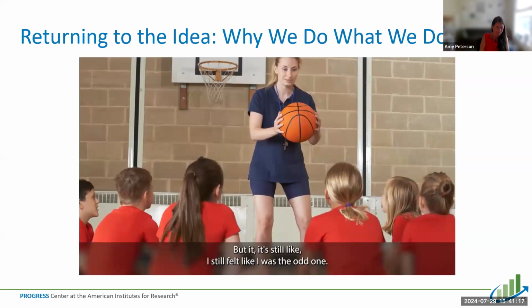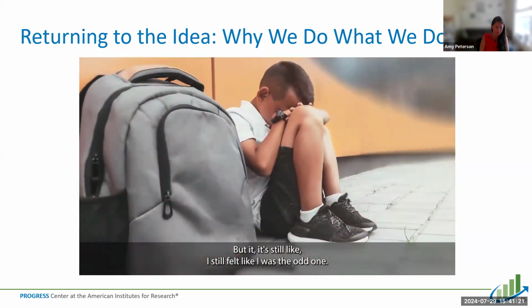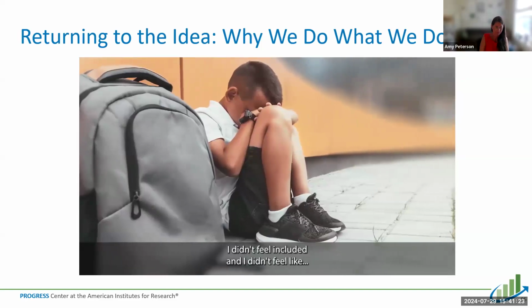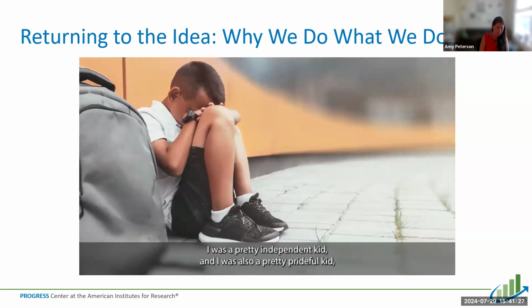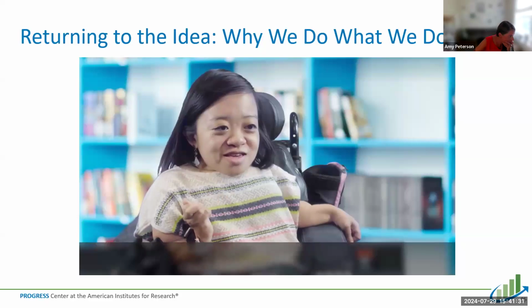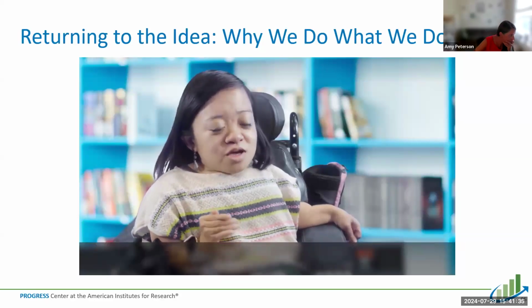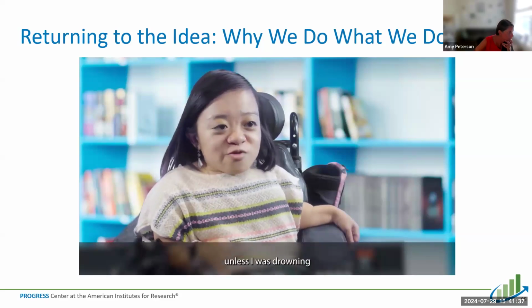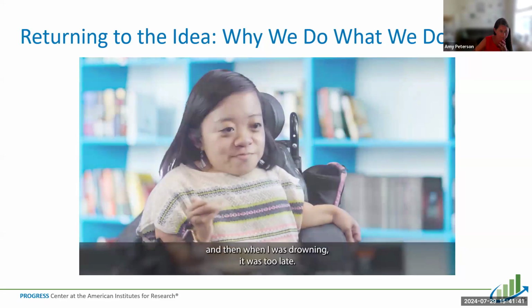But I still felt like I was the odd one. I didn't feel included, I just felt left out. I was a pretty independent kid, and I was also a pretty prideful kid. And I didn't want to ask for help unless I was drowning. And then when I was drowning, it was too late.